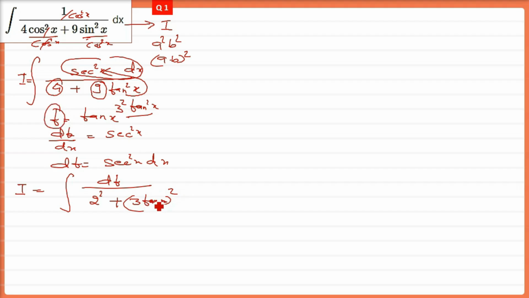Since we have already taken this t now, let's change this 9 tan square x to 9t square. Our whole way is to get to the solution where the integration is directly a result. That means integration of dx by a square plus x square, because we know the direct result of this.